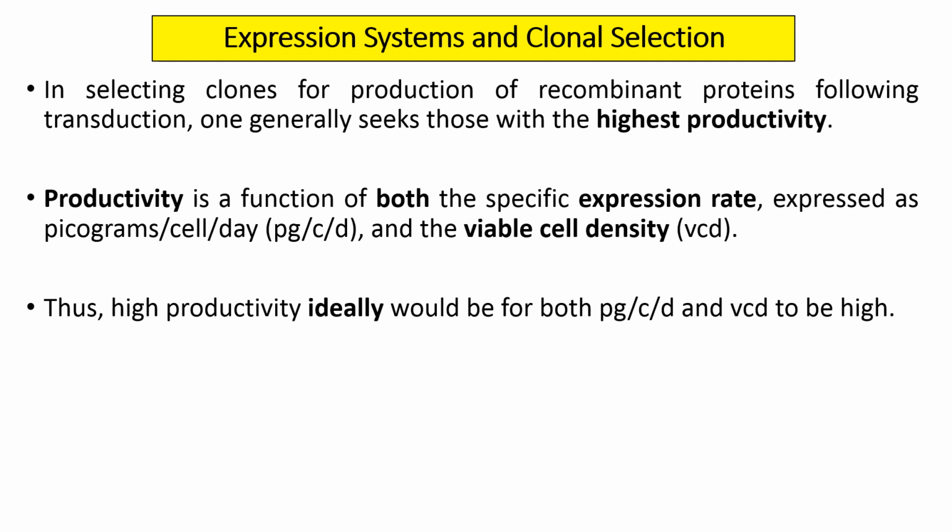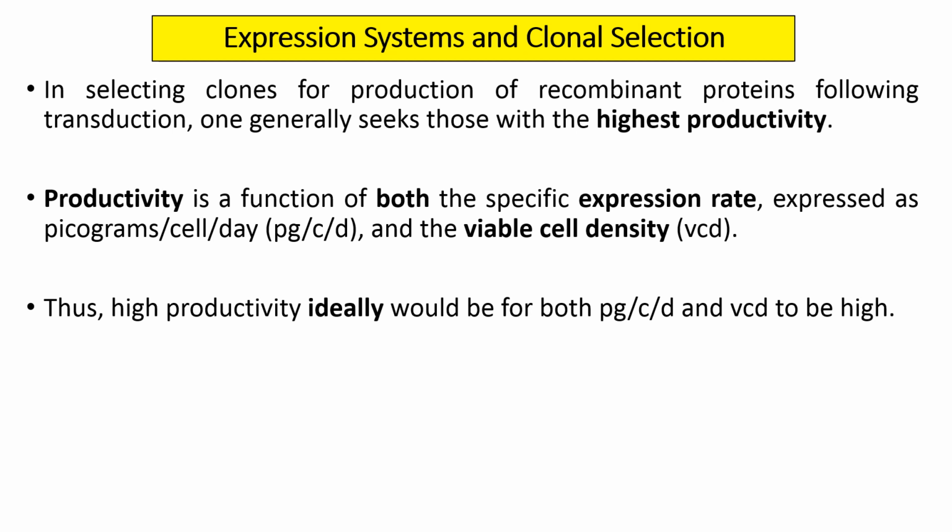And when we talk about productivity, we're talking about a function of both the specific expression rate, which is expressed in picogram per cell per day, pico being 10 to the power minus 12 of a gram, and also the viable cell density, how many cells exist in a specific volume and are still alive.